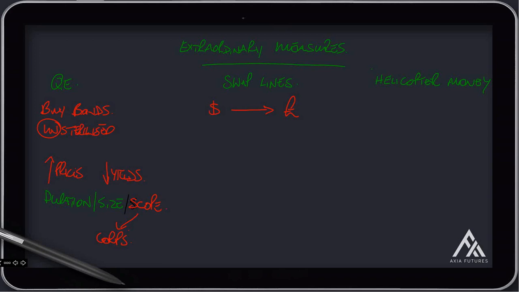Now the way they could do it is either they could credit accounts of individuals, so the public would get a credit in their bank account of X amount of money. The idea behind this is by printing money, and rather than buying bonds as you would in QE, you just hand the money straight to the people who will then buy whatever they want.